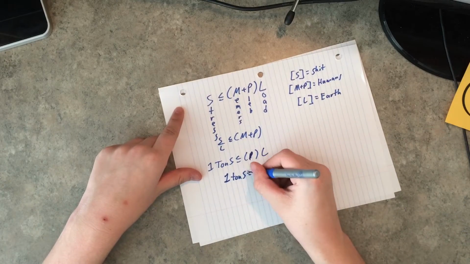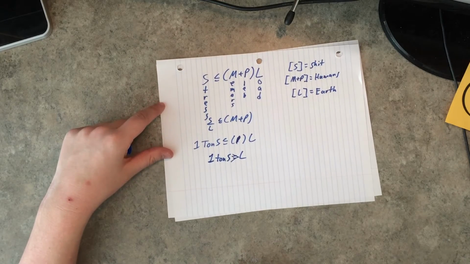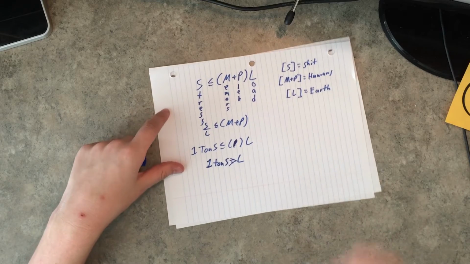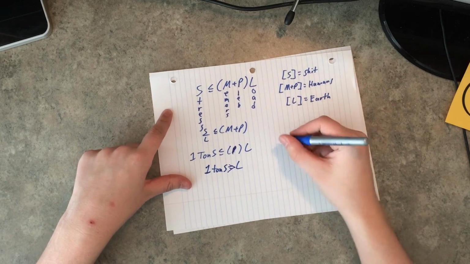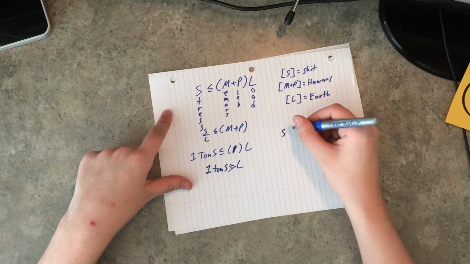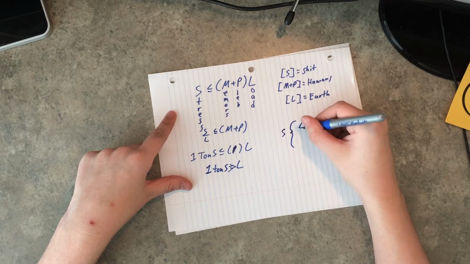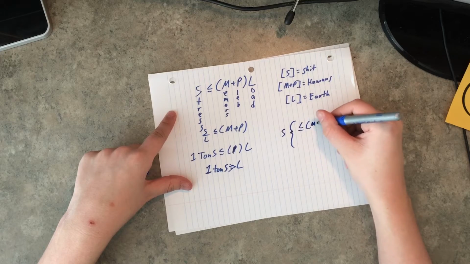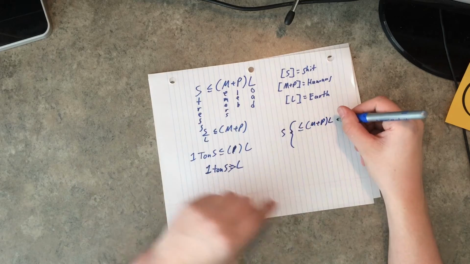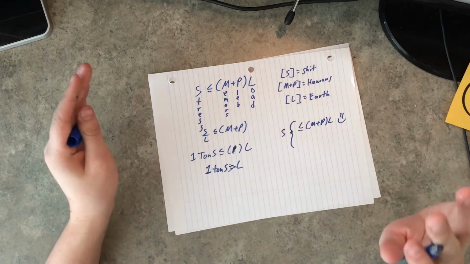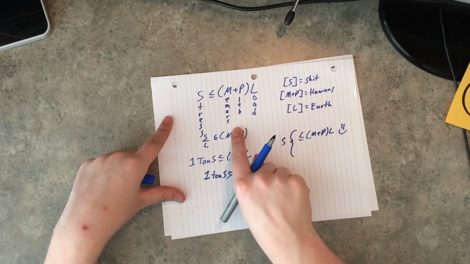This is 1 ton is greater than L, and we don't want that because, as you can see from this quick little thing, when S is less than or equal to M plus P of L, we have happy face, which is good because we want the stress to be less than what the plebs and the memers can handle with the amount of load they can hold.